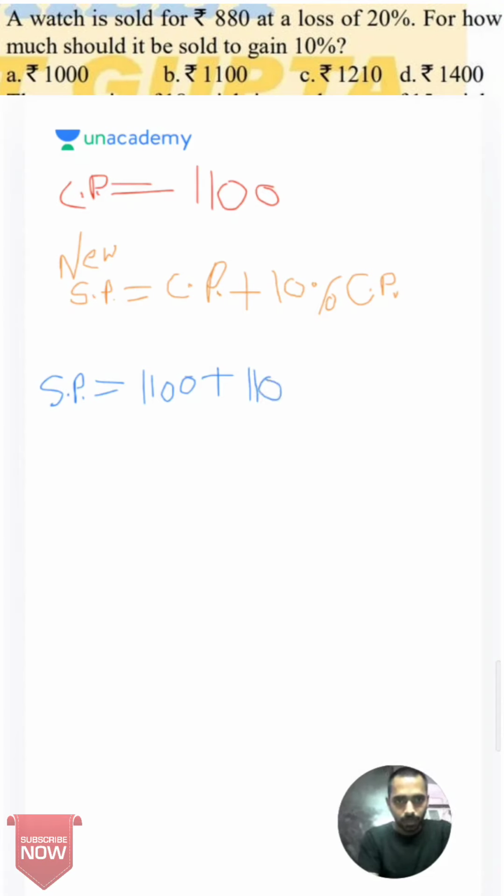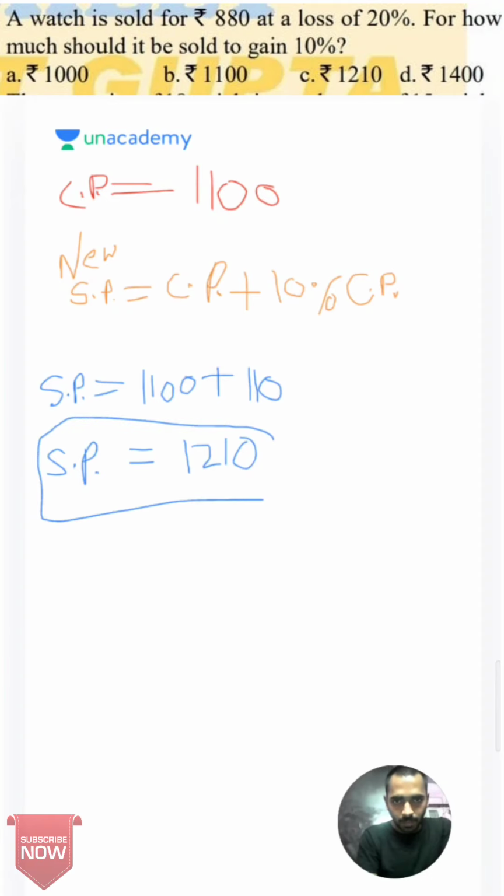And now our selling price is equal to 1100 plus 110, meaning 1210, and it is our answer, which is our option number C. Option number C is our right answer.